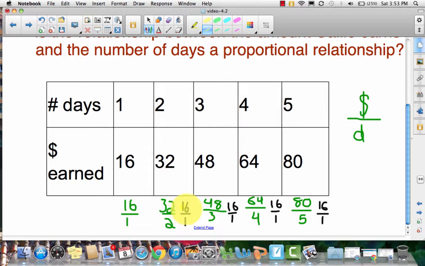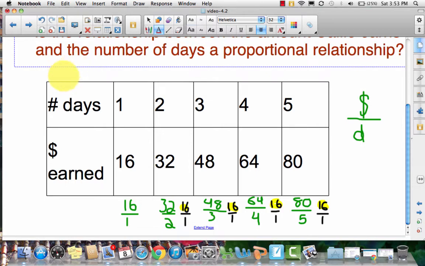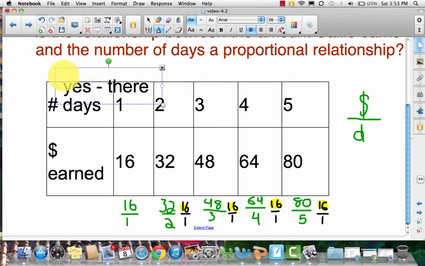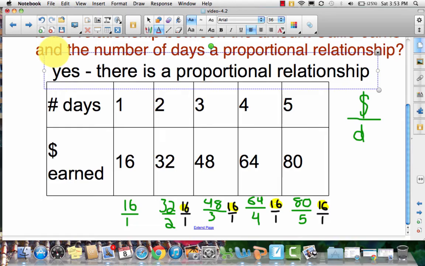You're going to see every single time I got a 16, I could say there is a constant rate of change. So we could say that yes, there is a proportional relationship between the number of days Callie works and the amount of money she earns.